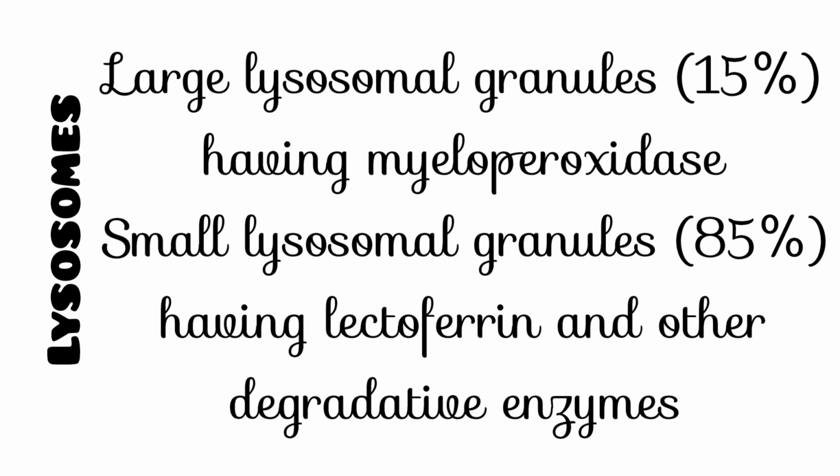Myeloperoxidase is green in color, and it makes a major contribution to the color of the pus. Then there are smaller granules which make up the remaining 85% of the granules. They contain lactoferrin and additional degradative enzymes such as proteases, nucleases, and lipases. Lactoferrin chelates iron from the bacterial cells.